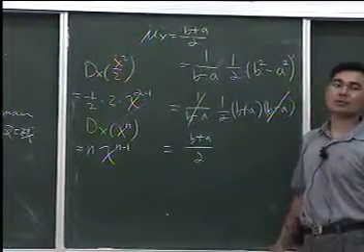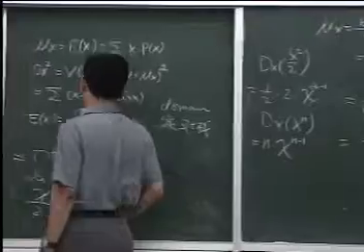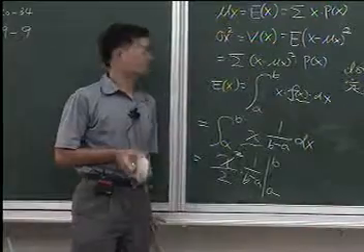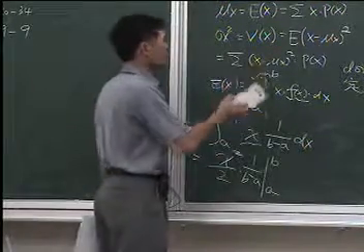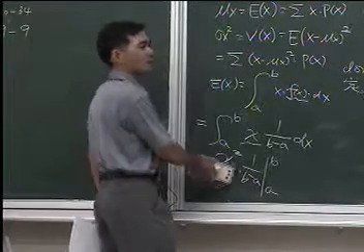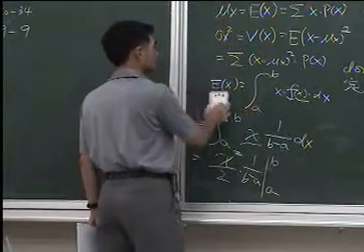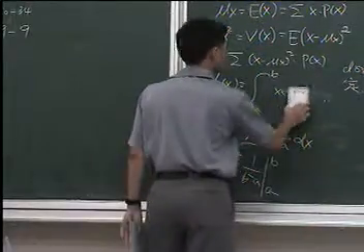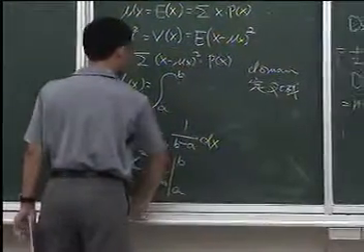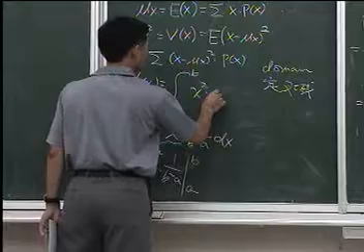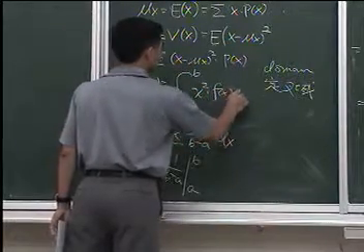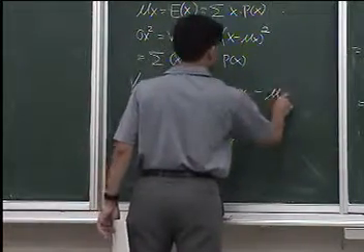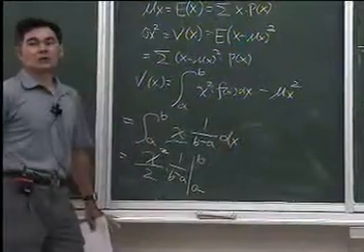Now we want to get to variance. So any questions so far? Any questions so far? Okay, so we have the mean, okay? Variance, okay, variance. Variance is Vx, right? And that should be this, which will be easier for us, okay?